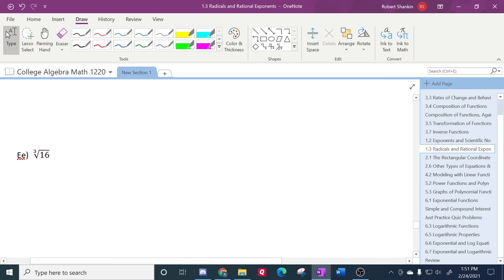Now I'm going to throw you a curveball here. See what you can do with the cube root of 16. And I haven't shown you how to do cube roots, but make your best guess.